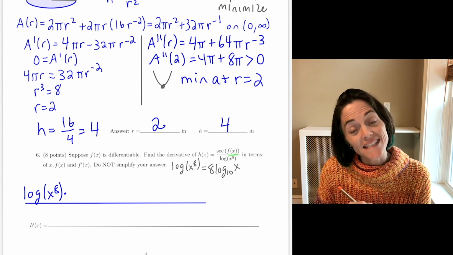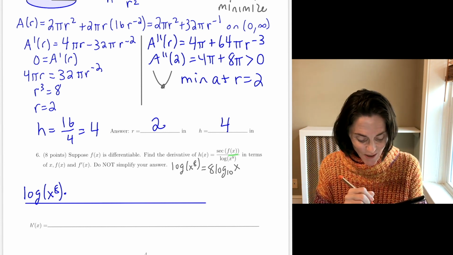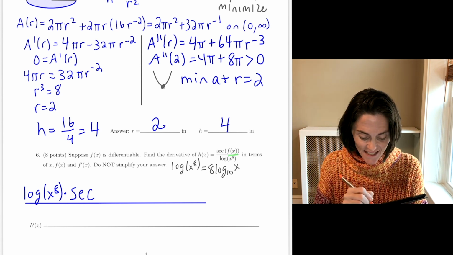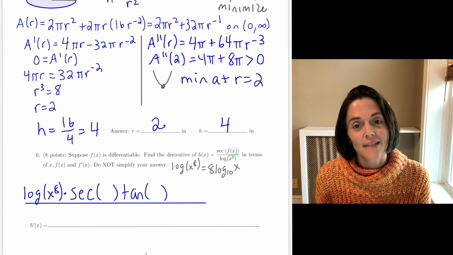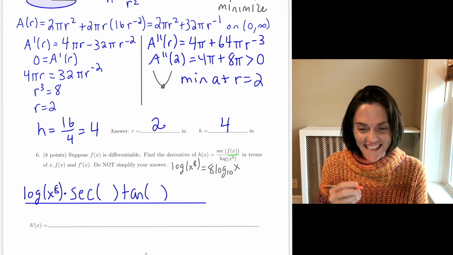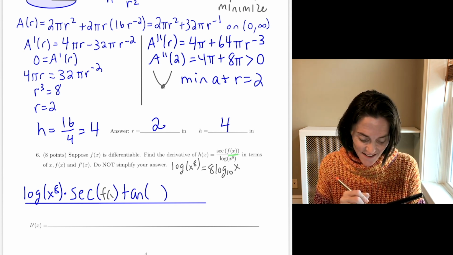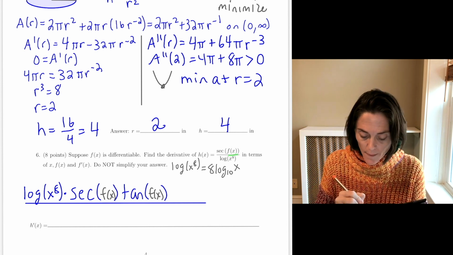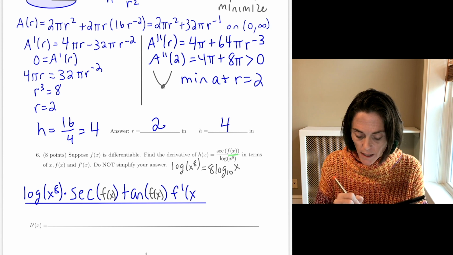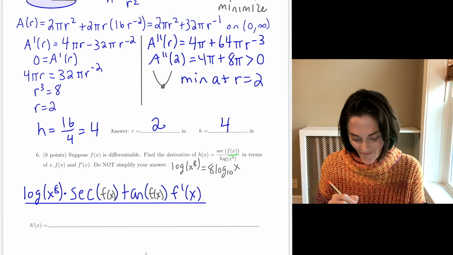So the derivative of secant is secant tangent. Then we put in our entire inside function, which is f of x. Then multiply by the derivative of the inside function. That was chain rule.